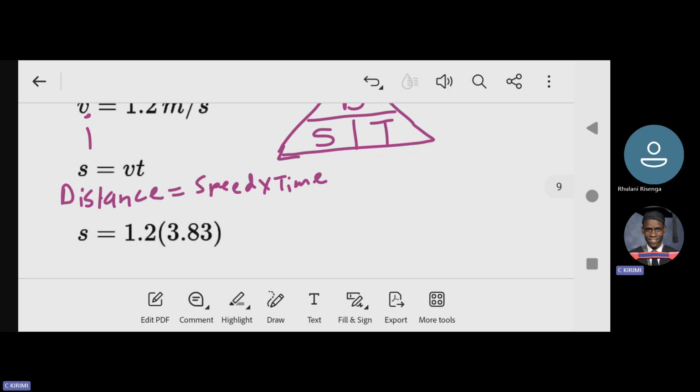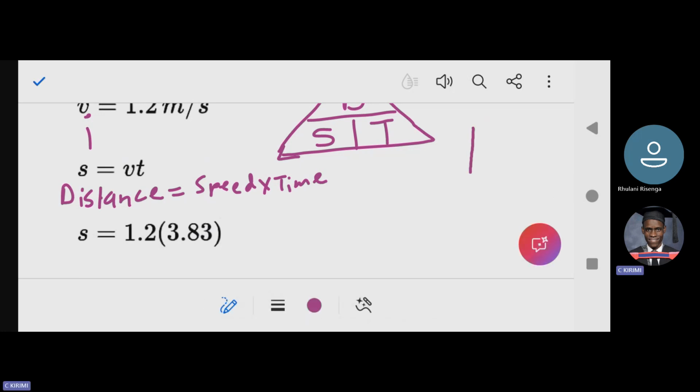So we want the distance because we know the speed at which this balloon is moving. The distance which needs to be covered, we don't know. But we know the speed at which this balloon is moving from the point where it started, and we know the time it took.